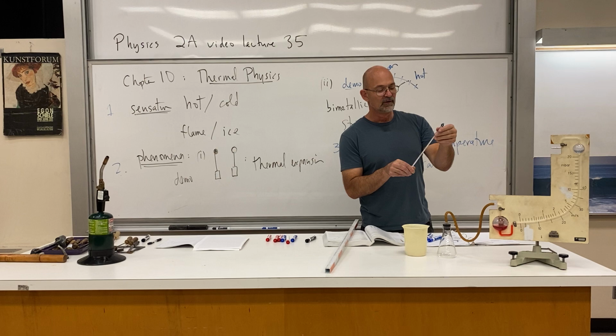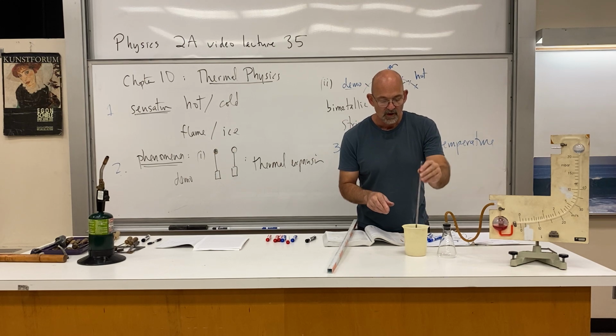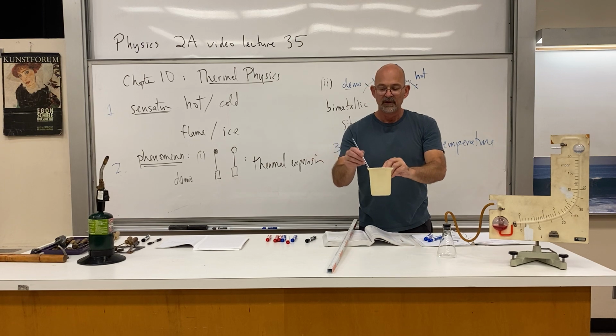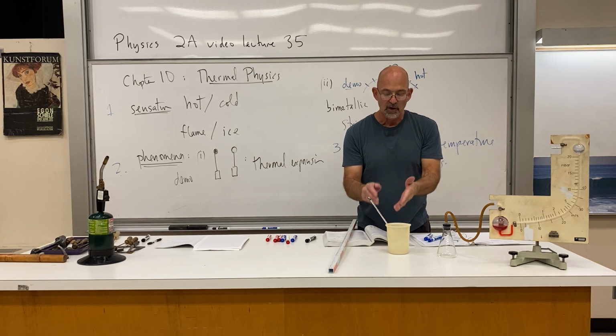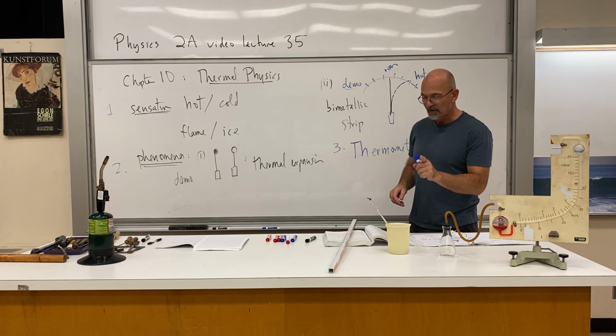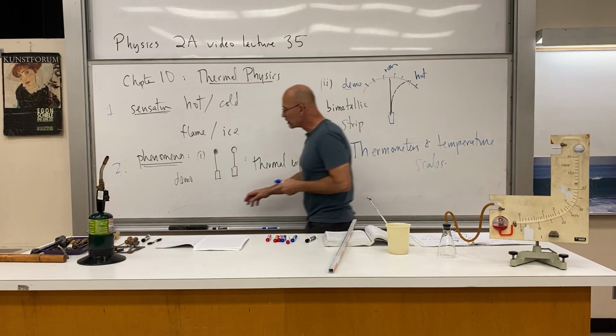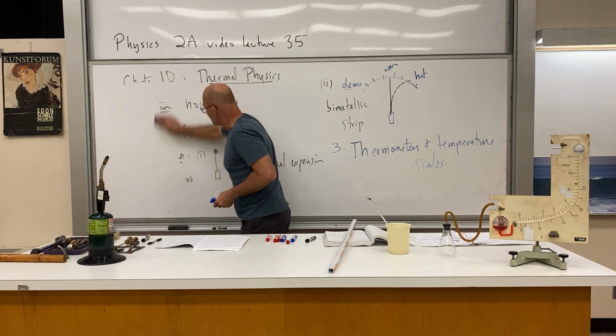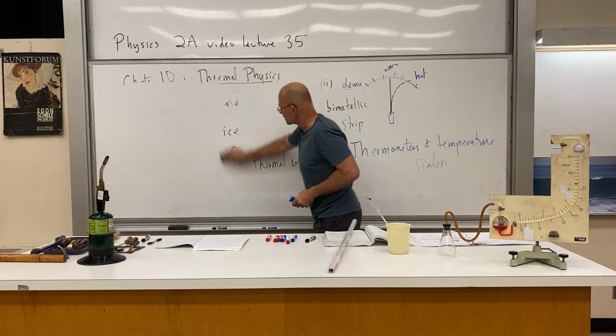Okay, so what I could do is have a bucket full of ice water and put this thing in here, and then locate where the column arrives at. Let me draw 2 of these for you on the board, and we'll talk about these thermometers and temperature scales.